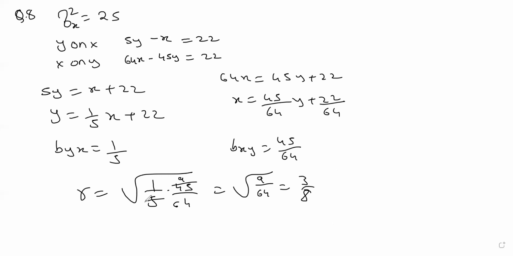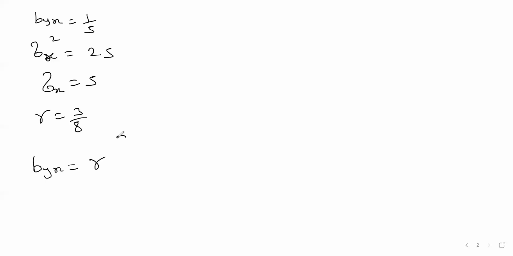Now my byx is 1 by 5. The variance of x is 25, so the standard deviation is 5, and r is 3 by 8. We know byx is r into standard deviation of y upon standard deviation of x. So 1 by 5 is equal to 3 by 8 into standard deviation of y upon 5.